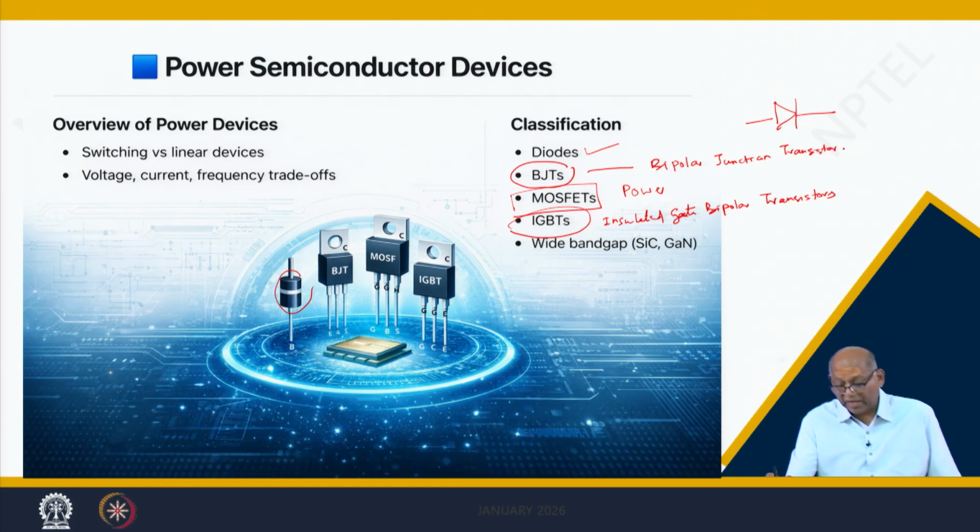They were very popular earlier, but for power transistors you can always write power. They are now outdated, but the new thing is known as gallium nitride or silicon carbide devices.